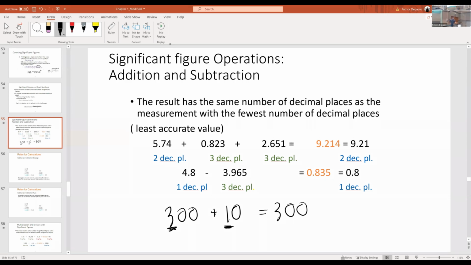So the 300 is your least sensitive number, and our answer has to be to the hundreds place. That's the nearest 100. If it was 300 plus 50, what would your answer be? 400, because you'd have to round up in that case. Does that make sense? Cool.